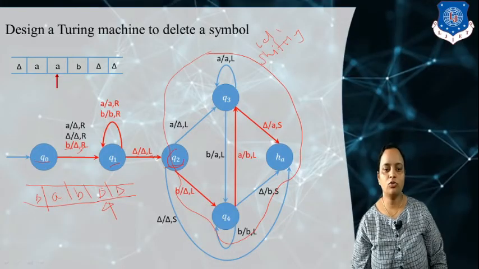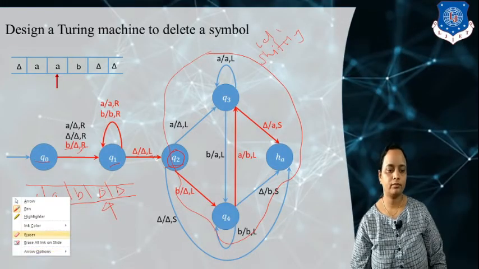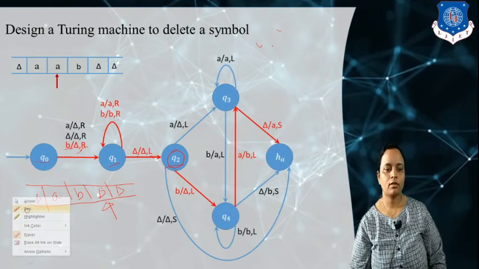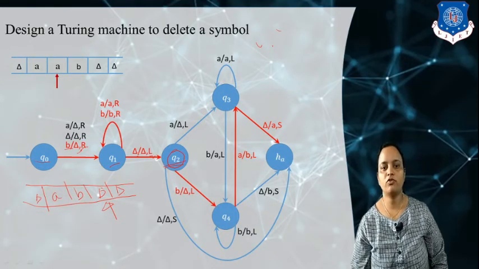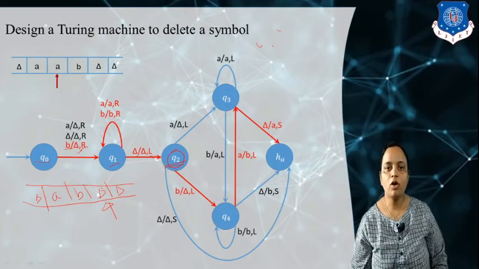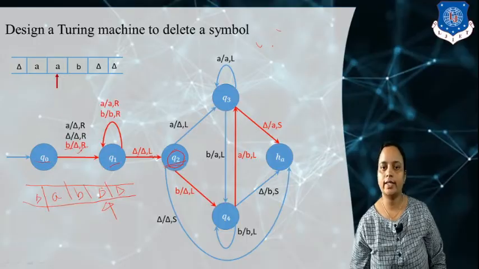Now at Q2 state, if delta comes, it means that the symbol which you want to delete is the last symbol.